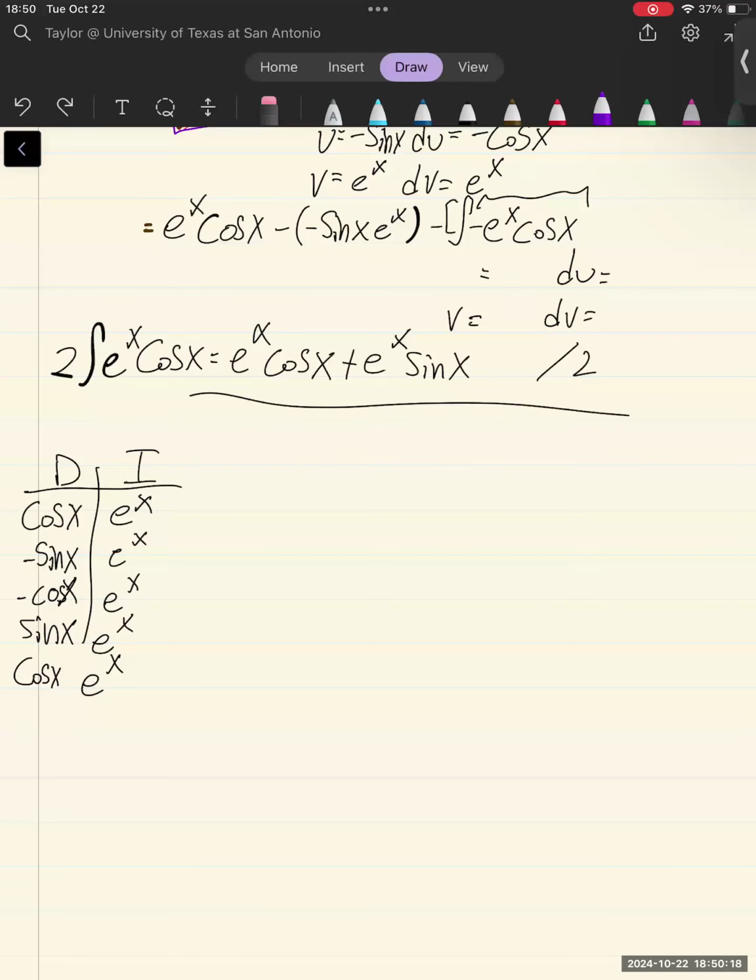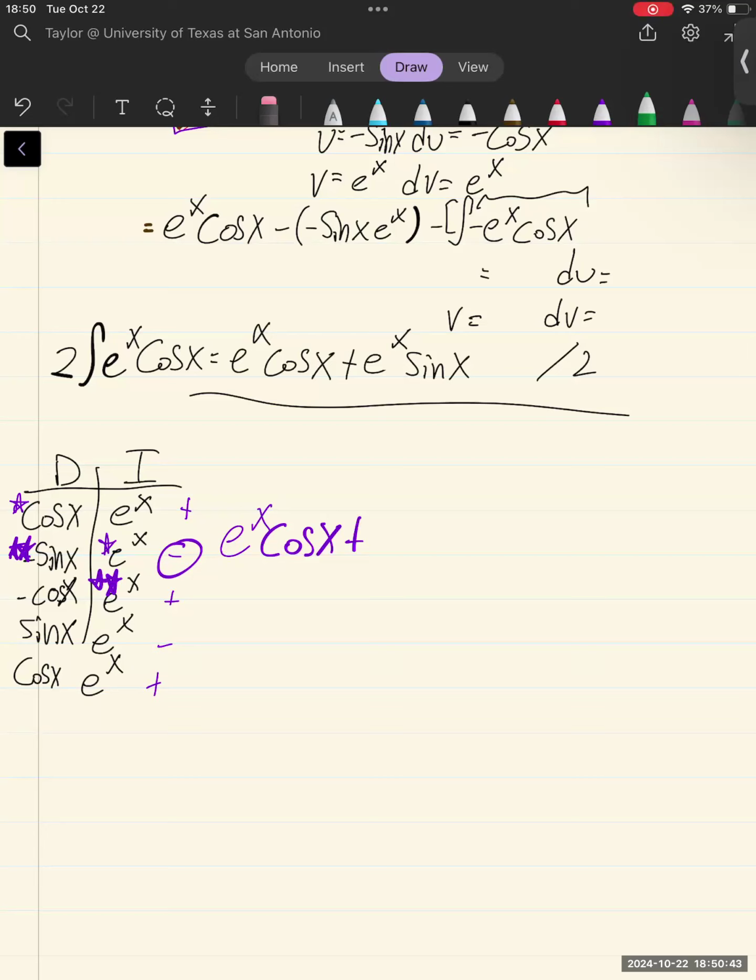I'll make this a little bit nicer. So we have plus, minus, plus, minus, plus. And then I have this expression times this expression, giving me e to the x cosine x, minus this expression times this expression. So then we get plus, because of the negative sign here.